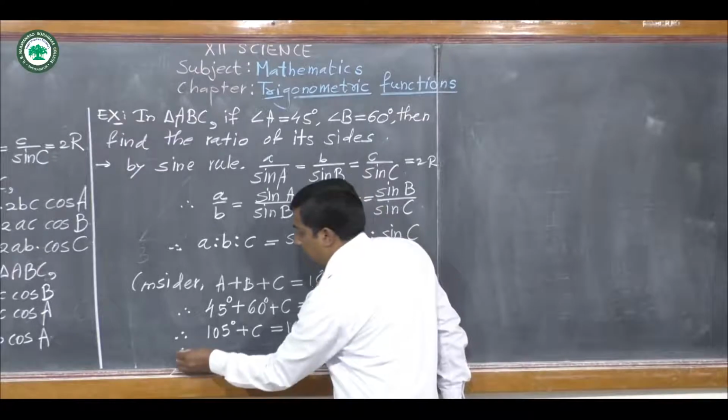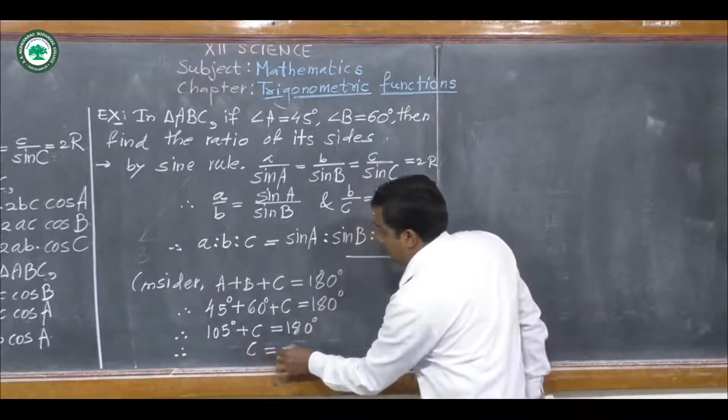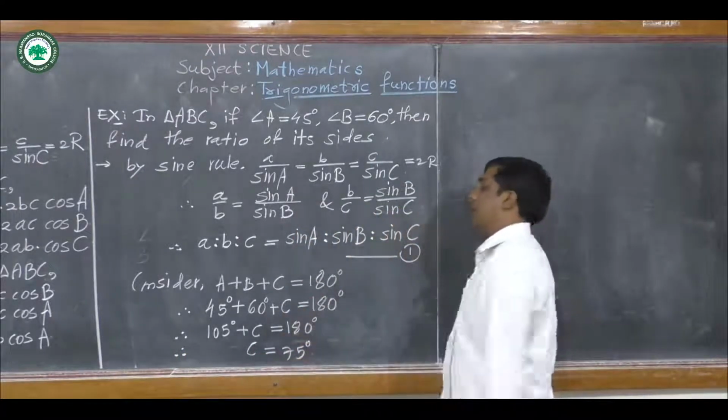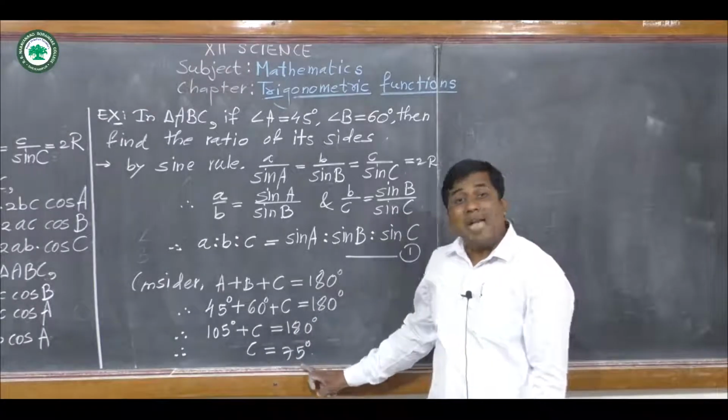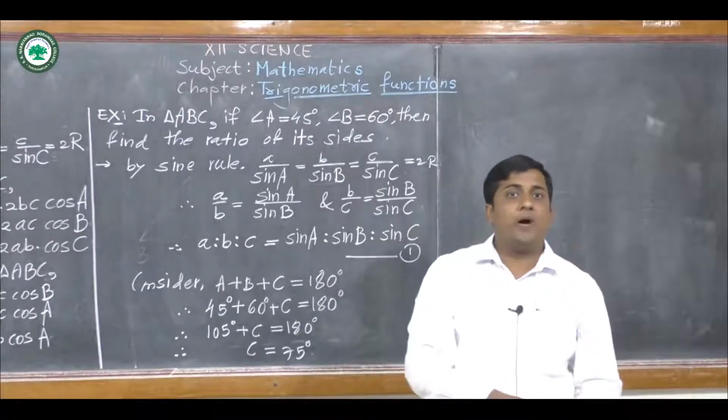And lastly, we get C equal to 75 degrees.